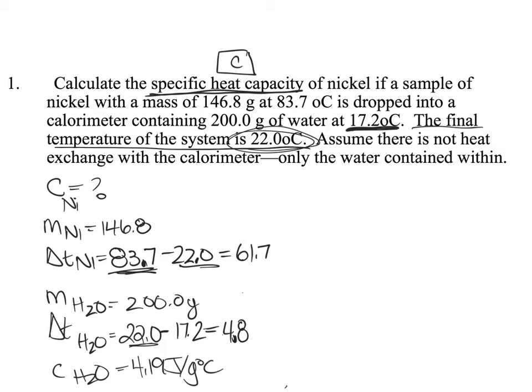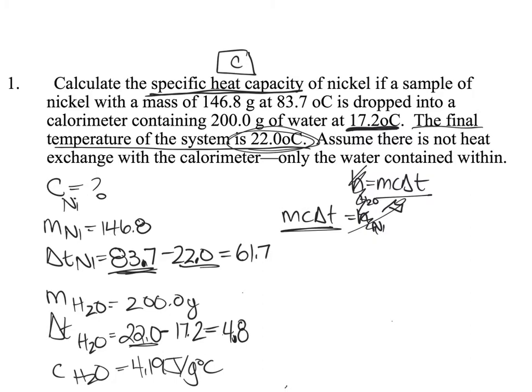Okay, so now we have three choices. What we'll see is that the water was changing temperature, right? So that's kind of this formula. So this one is for the water. But we also have the nickel changing temperature, so that's like this. So what happens is essentially that the energy lost by the nickel actually goes to the water because it's in a closed system.